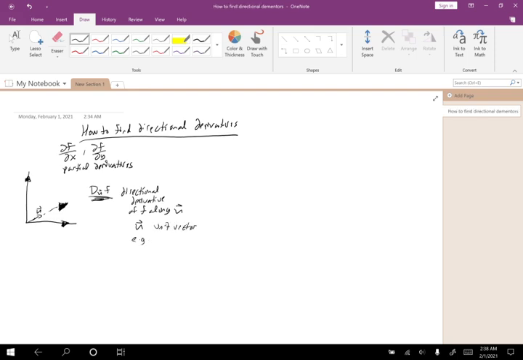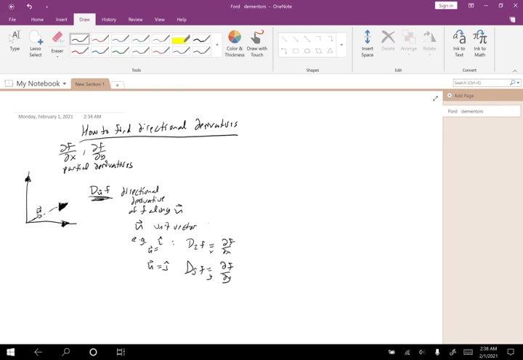So for example, if u equals i, then it's just di of f, that's just the rate of change in the x direction. So it's just the partial derivative in x. If you use j, the y unit vector, then dj is just the y partial derivative.